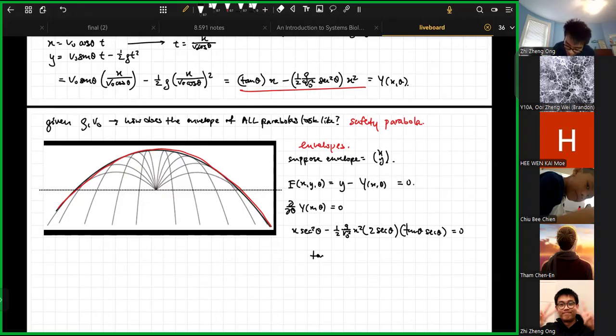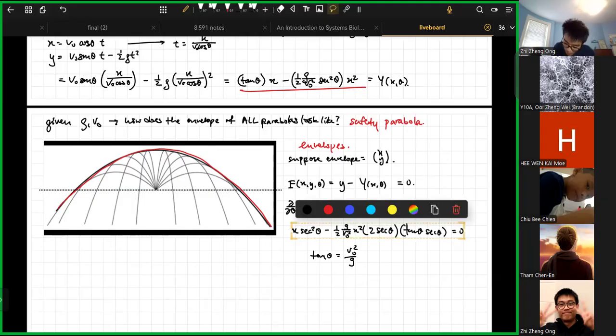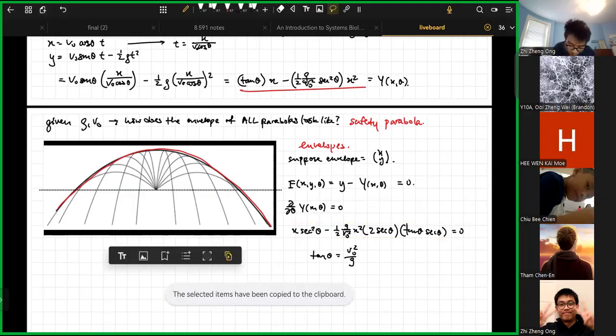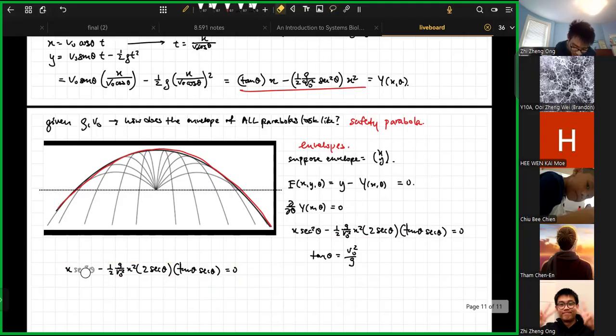So that means that tangent theta is equal to u naught squared over g. So the secant squareds cancel, twos cancel, x cancels. Yeah, u naught squared over g.